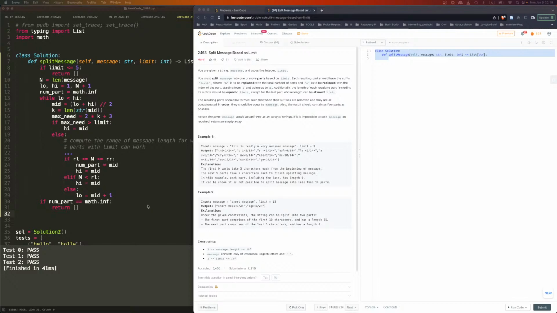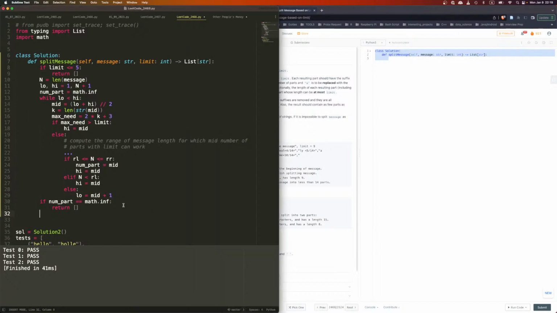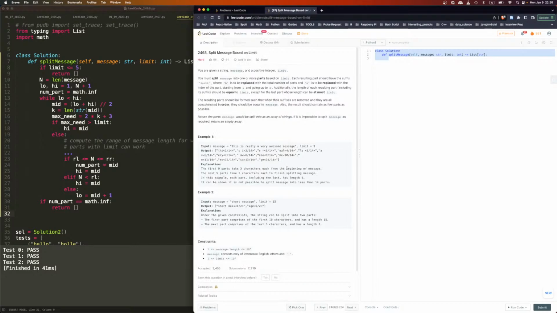So what num part is, we have the num part, so we can reconfigure the whole thing. Actually, let's reconfigure it here. I just need to know how many need to.